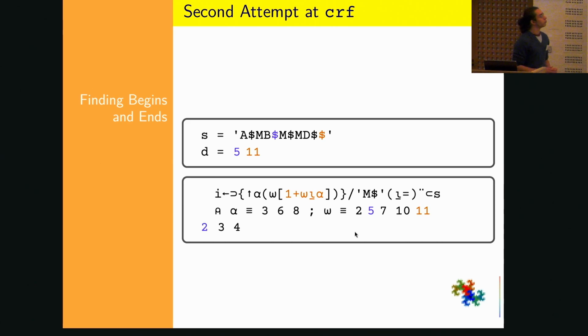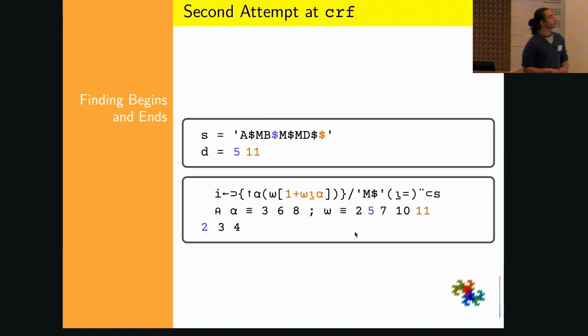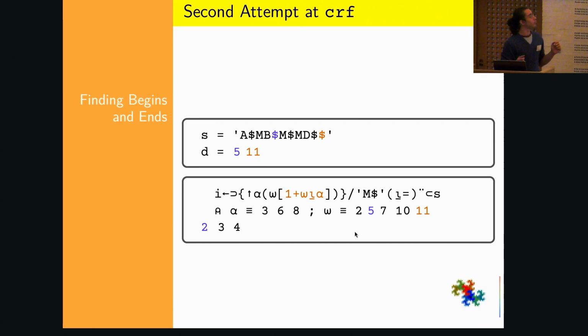Right, so now what we will do is that we apply this binary search with a dyadic iota underscore to find for each of the starts which is the ending sign that terminates the corresponding sequence. Right, and you can see that, for example, for the M at position 3, the corresponding $ sign is at position 2 in the list.